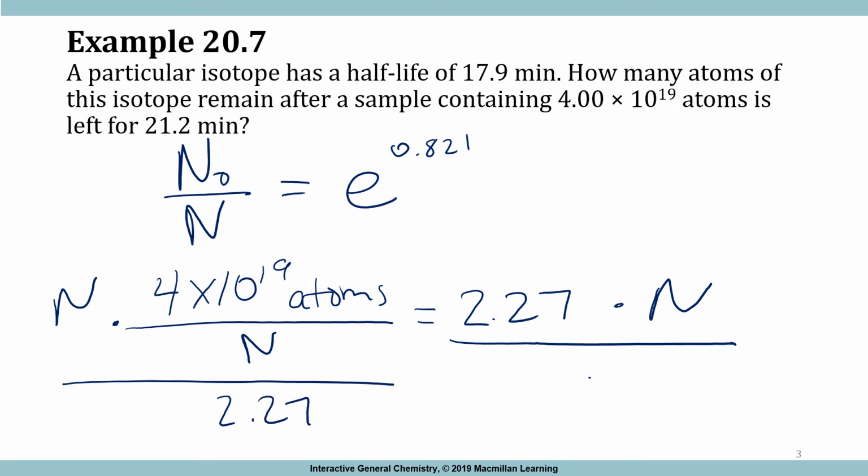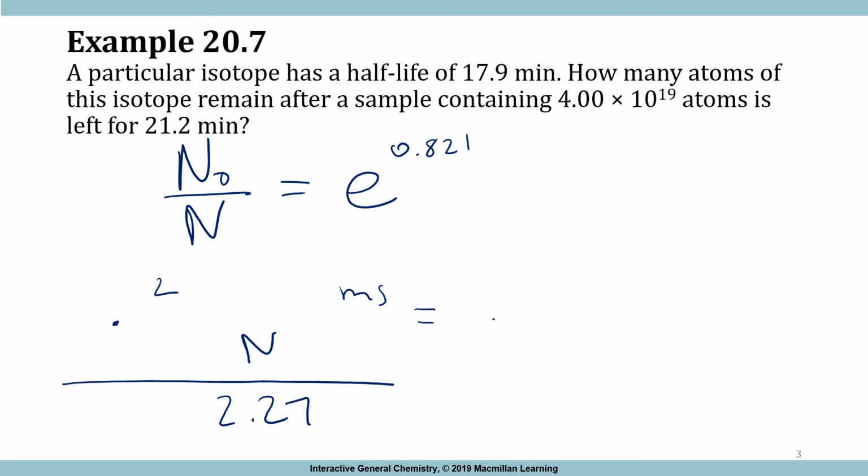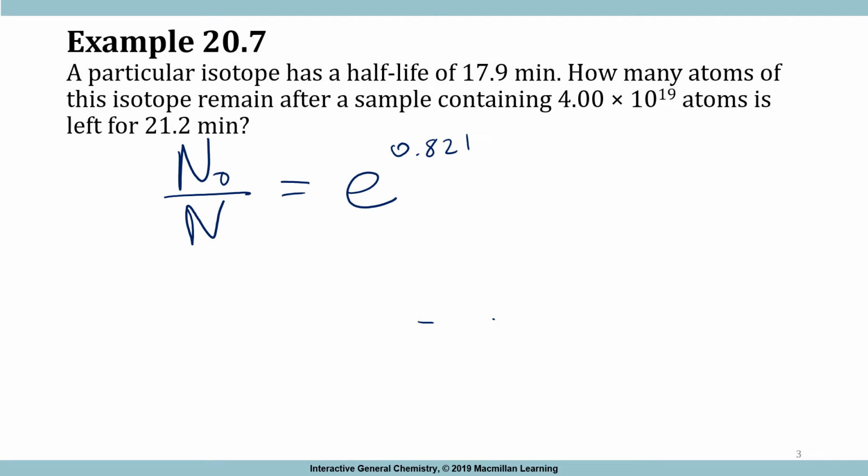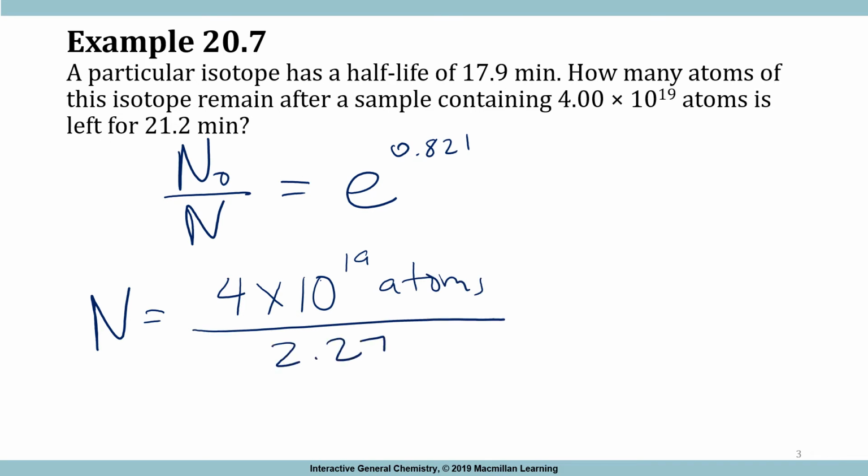So I'm going to rewrite this to where it makes more sense. When I move everything around, I get N is equal to 4 times 10 to the 19 atoms divided by 2.27. So my amount of atoms after 21.2 minutes is 1.76 times 10 to the 19 atoms.